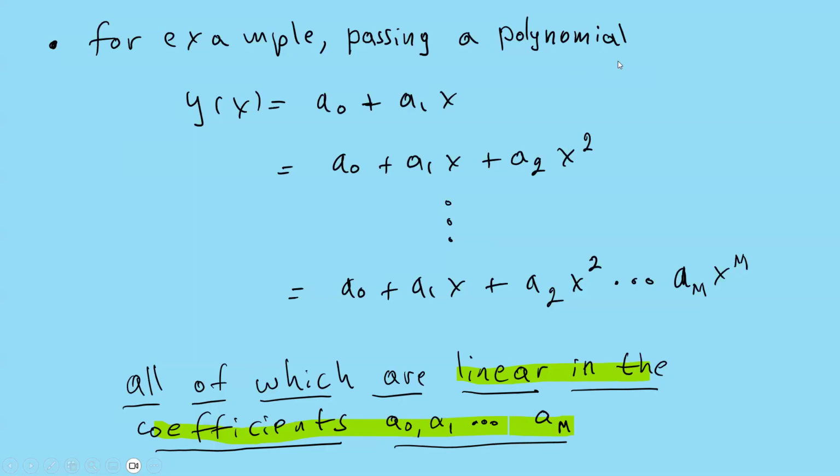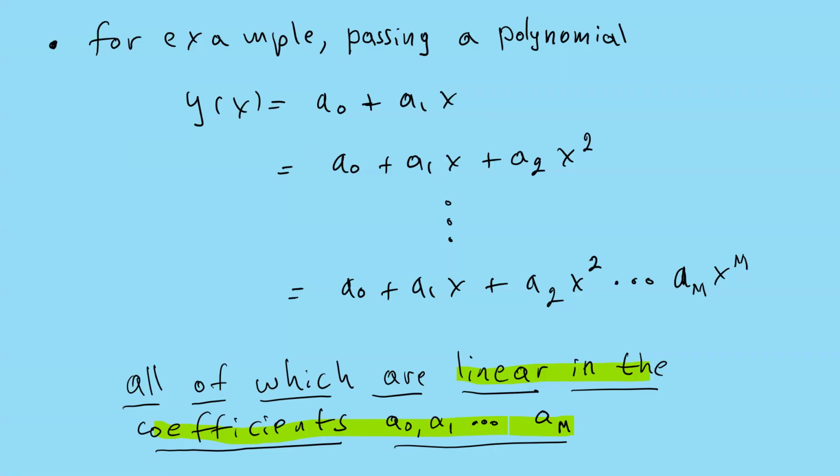The reason is, as you can see, no matter what the order of the polynomial function is, all of these coefficients are linearly connected together.